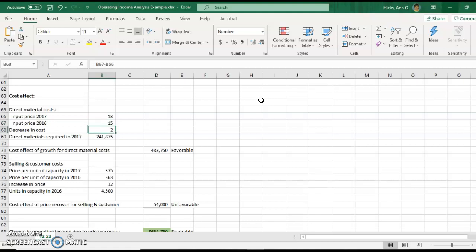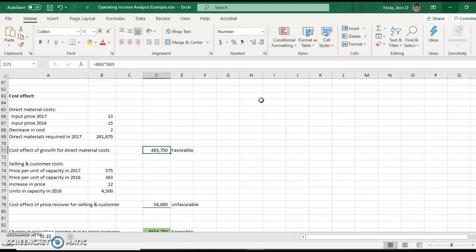That's a decrease of $2 per t-shirt. Then you'll remember in the previous example, we had calculated the direct materials that would be required in 2016 to meet our sales in 2017, and that was 241,875 t-shirts.